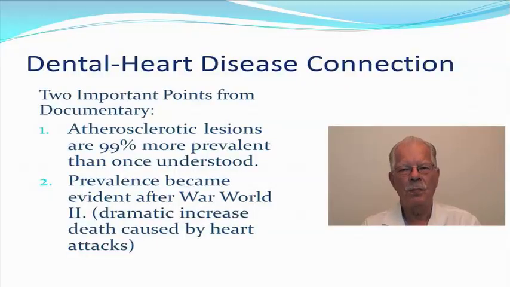The two most important points from this documentary is, number one, atherosclerotic lesions are 99% more prevalent than once understood. The prevalence became evident after World War II. Dramatic increase in deaths caused by heart attacks. In other words, people started dying, dropping dead of heart attacks in large numbers after World War II.